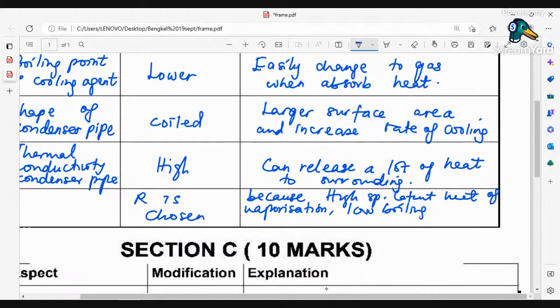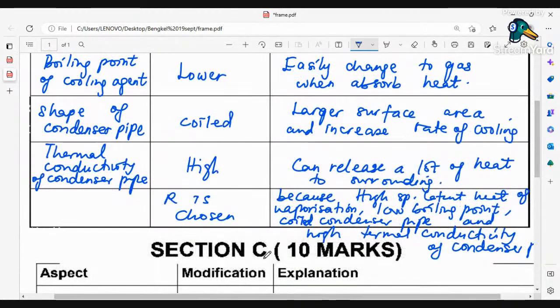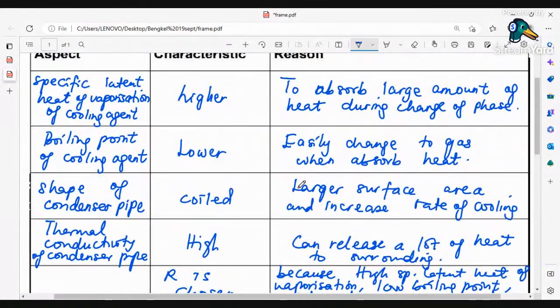Coil pipe. And then high thermal conductivity of condenser. Okay. This question has some problem. There is a correction.